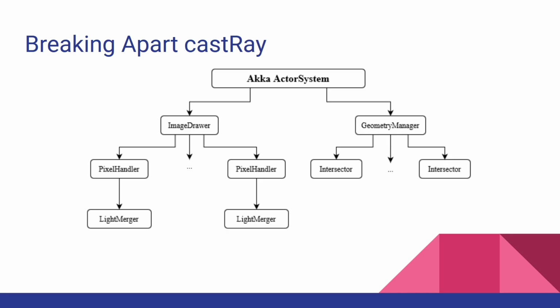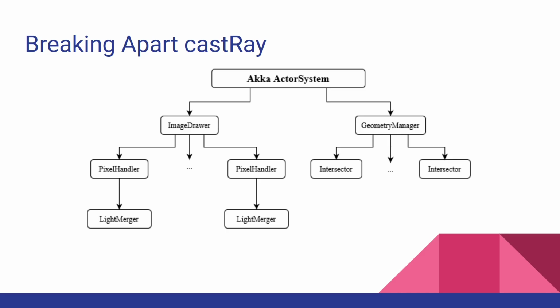These pixel handlers send rays to the geometry manager, and upon receiving back information, either create 1 or 0 light mergers, with a single light merger being created in order to send another ray out to see if it would actually hit the light source.